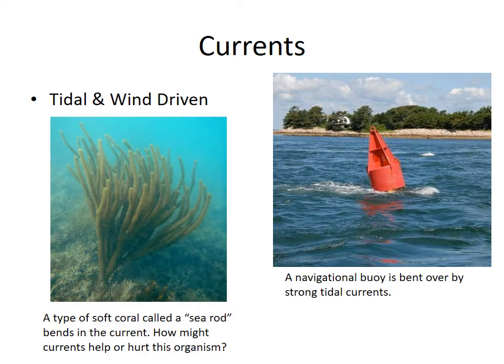Let's talk about some currents that are driven by tides and winds. These are a little bit different than just the currents caused by wave influence, although wind-driven currents and waves relate to each other because waves are the basis for wind-driven currents.